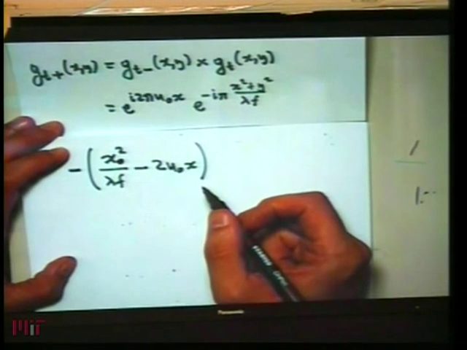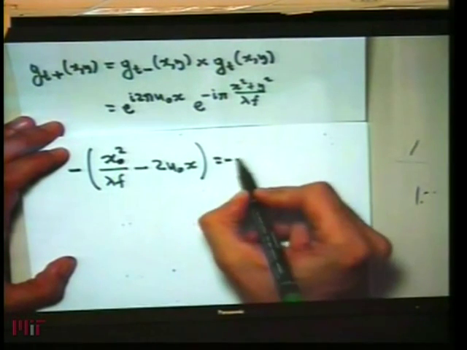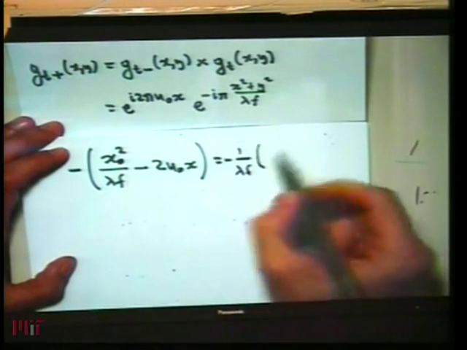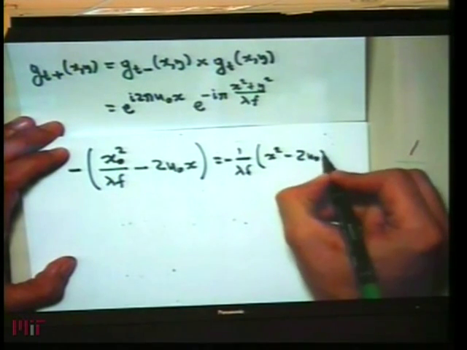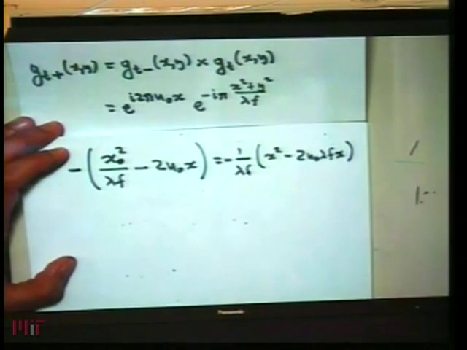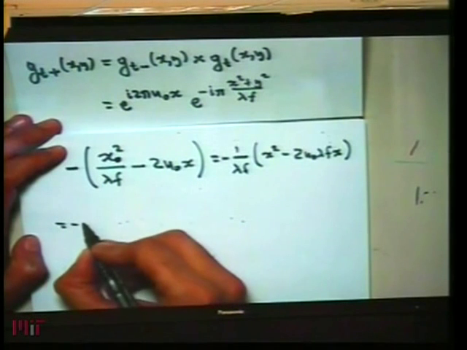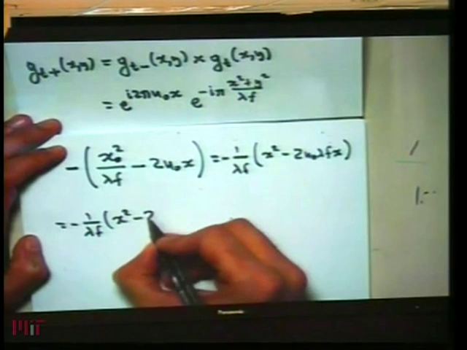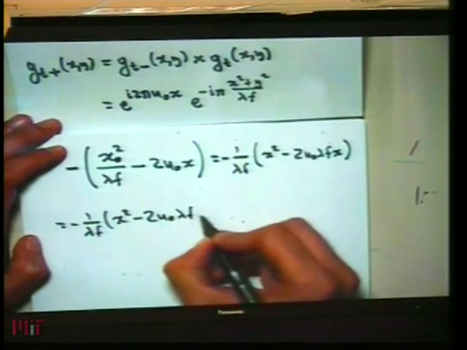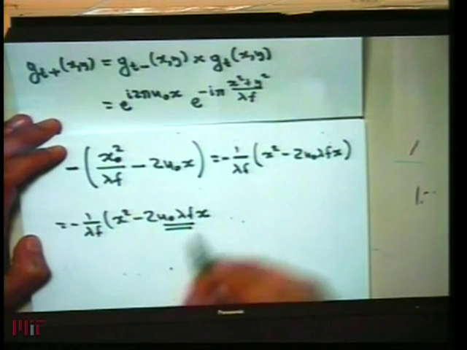So how can I complete the square? Well, I tend to get confused with this, so let me knock out the 1 over lambda f also. Okay, now it looks better. Now I can do it. Basically, to complete the square, I have to add and subtract the square of this business here.